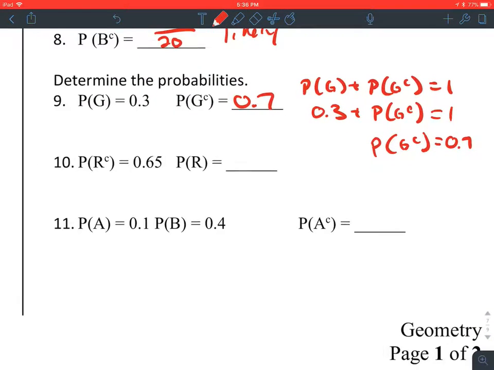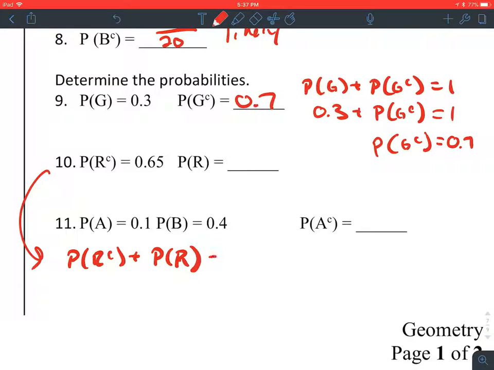Number 10, the complement of R's probability is 0.65. We're supposed to find the probability of R. If you add the probability of an event and its complement, it always equals 1. The complement is 0.65.